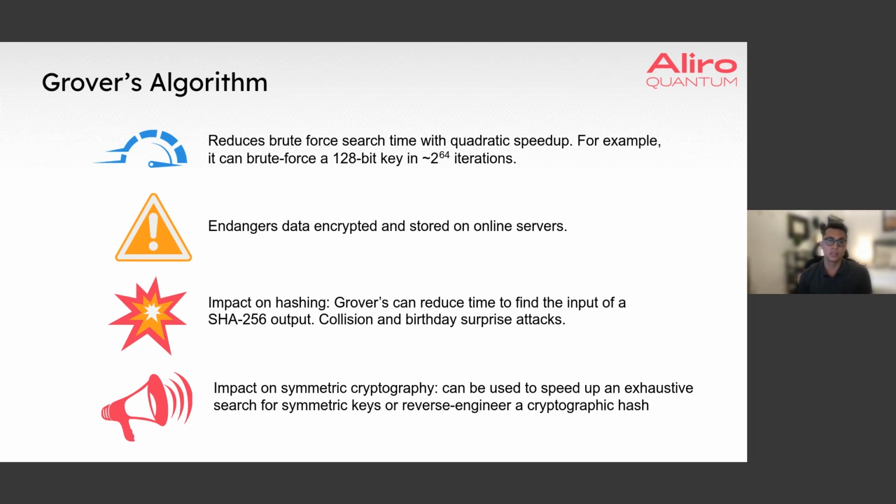However, with Grover's, you can do that in around 2 to the 64 iterations instead. So it provides a speed up over classical computers. It's not exponential, but it's still notable.